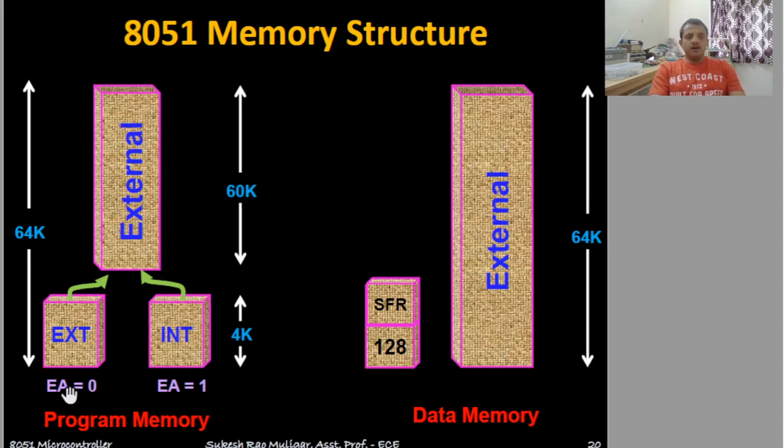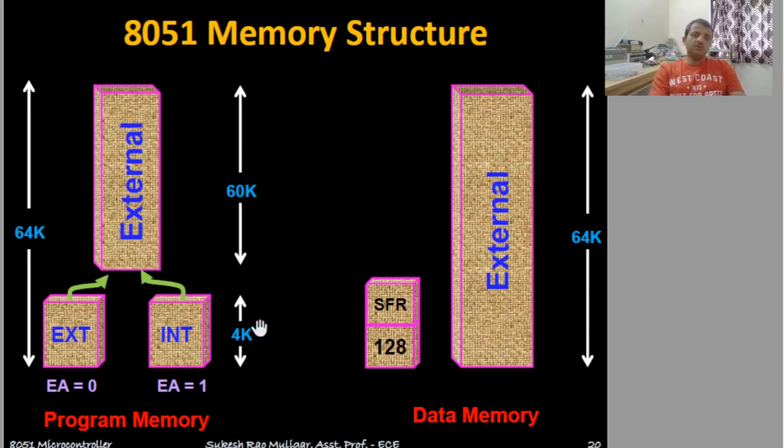If EA bar is made 0, that is external enable is made 0, it will select the external program memory. So whatever program execution happens, the instruction is taken from the external memory. If you go for EA equal to 1 in the hardware, then it will be internal program memory.